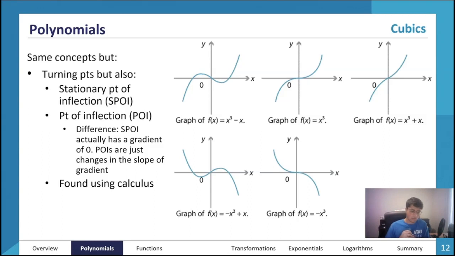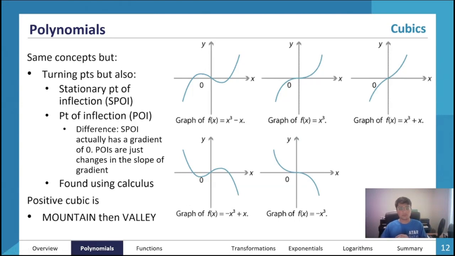The other thing you want to be familiar with is the general shape of a cubic. You can see here, it's nothing like a quadratic, right? Whereas quadratics just go down then up, or up and then down, cubics have a particular characteristic shape. It's a mountain, and then a valley.